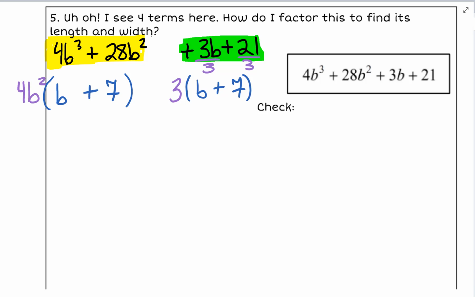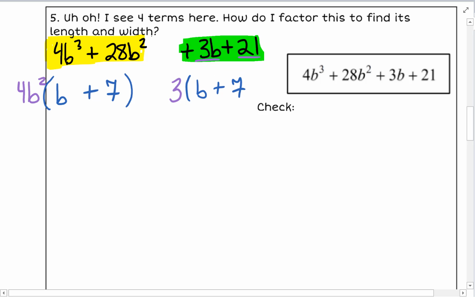Now we did separate these groups so that we could look at them 2 at a time, but this is still one problem. So I need some sort of a sign here. Is it positive or is it negative? Well, our GCF was a positive 3, so this should be plus 3.